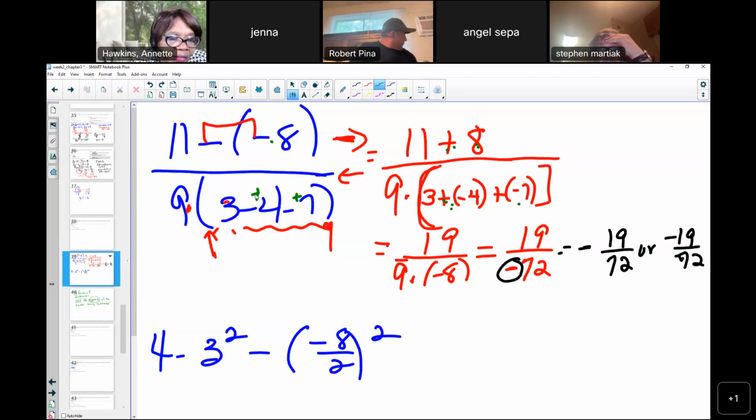Clearly, if you have 3 and you subtract 4, you're going to go in the hole there. So I always like to change it so that you can see what is going on. Okay, further questions about this?